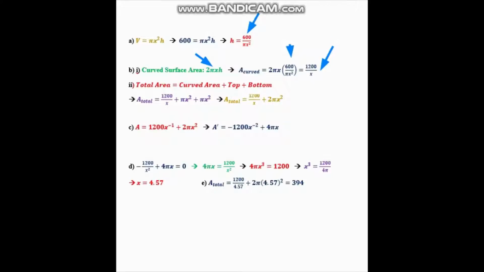Now in order to reach this simplest form, I have simply crossed out this pi right there with the pi in the denominator, and I've also crossed out this x with one of the x's in the denominator, so I am left with 2 times 600, which gives me 1200, and I'm also left with 1x in the denominator. Hence this final expression.